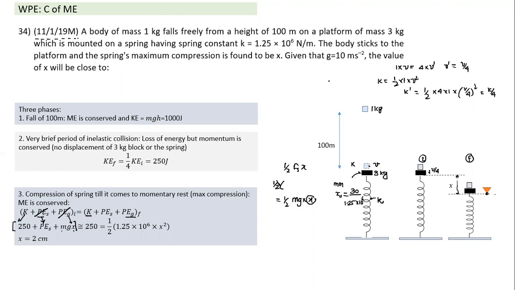This x is extremely small, and I'm equating it to 1 by 2 kx square, ignoring the initial compression. The initial xi was so small that the final compression is also small, and I ignore that term. So 1 by 2 kx square, and x comes to 2 centimeter. When I write it this way, it's extremely quick to solve.